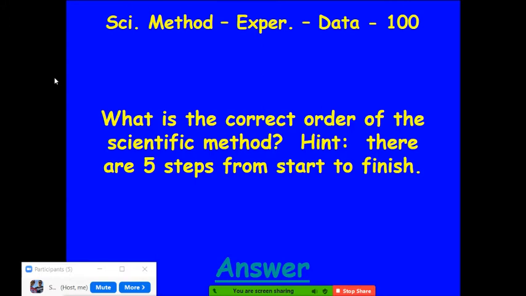Okay, scientific method, not to be confused with the steps in a lab report. The scientific method, these would be in your scientific method class notes that we did way back at the beginning of the semester.